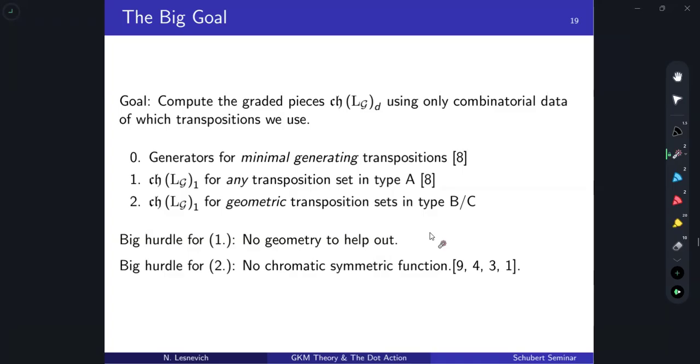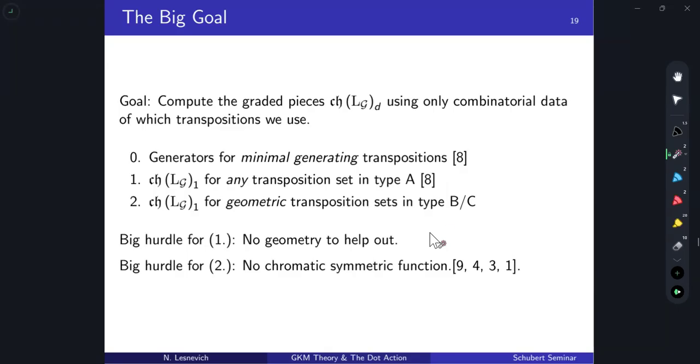And the big hurdle for types B and C, even just staying inside of a geometric context, is that we don't have any chromatic symmetric function connection to work with. In type A, there are really well studied combinatorial setups, Shareshian–Wachs, Guay-Paquet, Brosnan and Chow, that you can use to compute these graded characters without working with any splines or really any geometry at all.